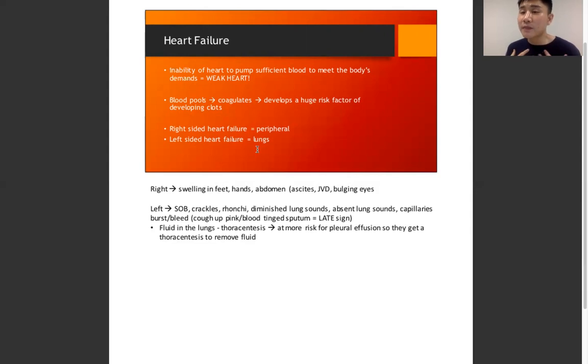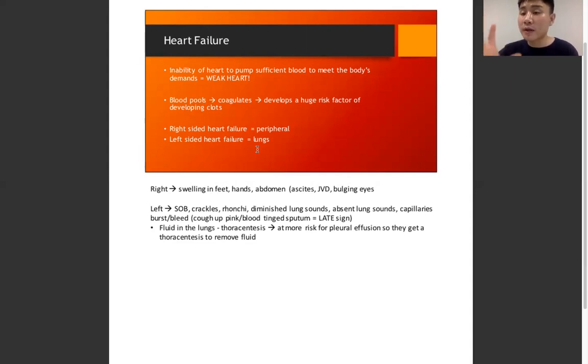Why? Because the lungs are filled with fluid. The alveoli are filled with fluid to the point where they burst and cause bleeding internally in the lungs, and this patient is coughing up blood from the burst alveoli. Why does left-sided failure cause these signs and symptoms in the lungs? It's the same concept.